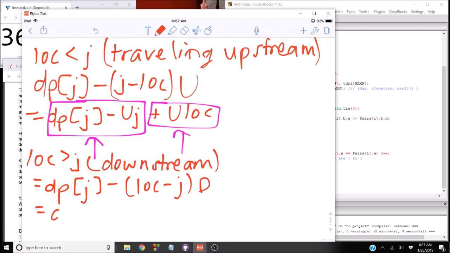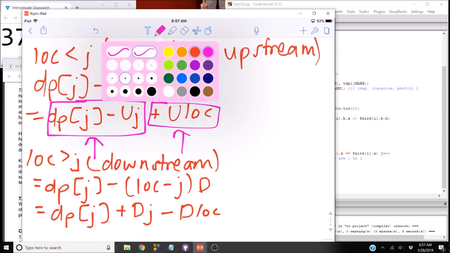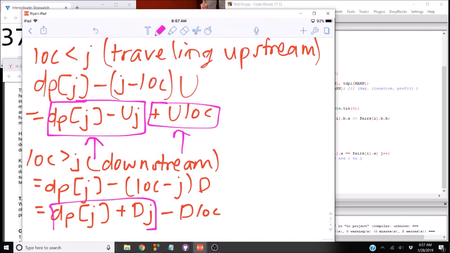This equals dp[j] plus d[j] minus d times lock. So then the segment tree would store, I need a second segment tree that stores this value. Okay.